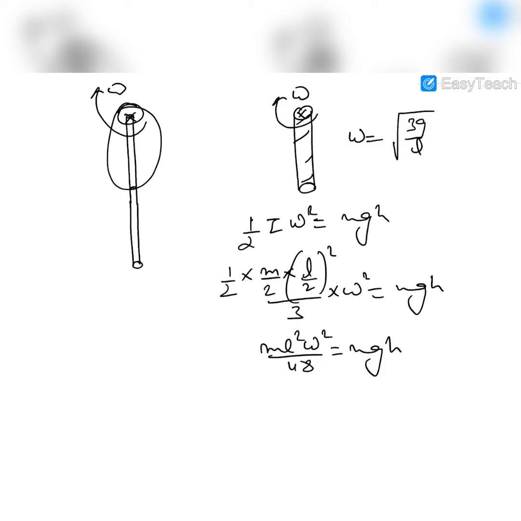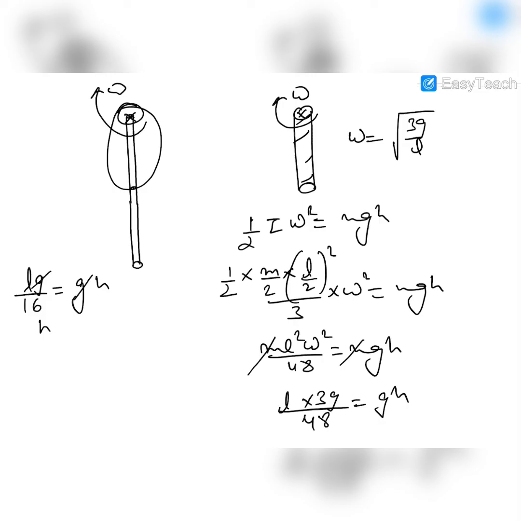We can substitute the value of omega. So this is L square, omega square is 3g by L, so it would be L divided by 48 and it would be equal to gh. So Lg by 16 is equal to gh, so h is equal to L by 16.